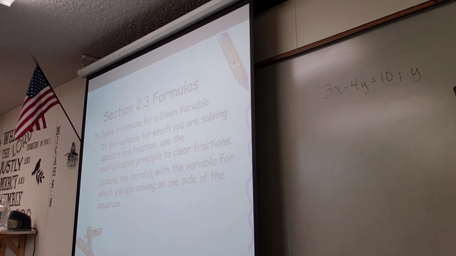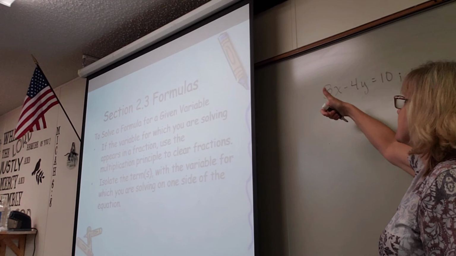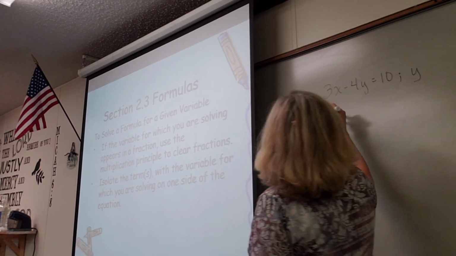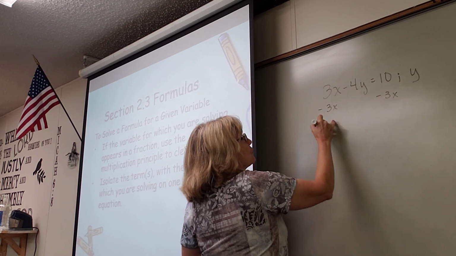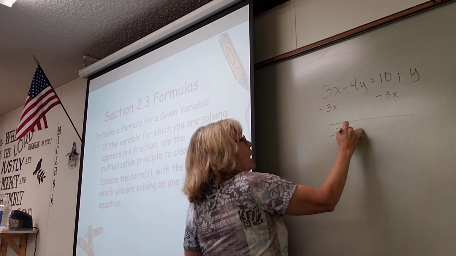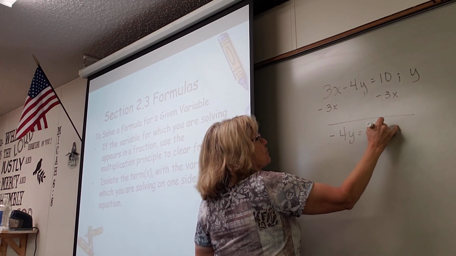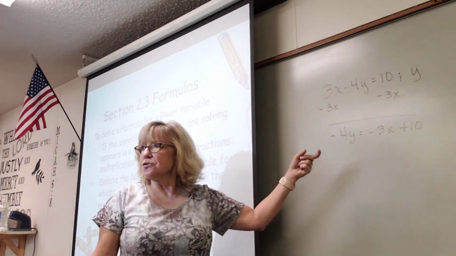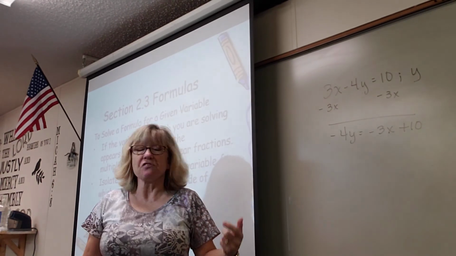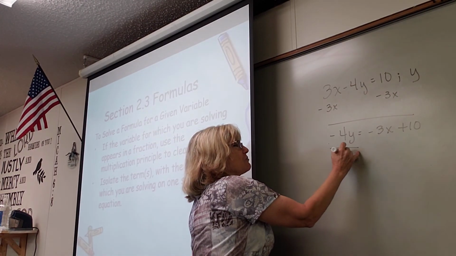Well, what do I need to do? I have to isolate the term that has the y in it, which is this one. So this term needs to go to the other side. So we're going to subtract 3x from both sides. And you'll end up with negative 4y equals negative 3x plus 10. But again, y is still not completely solved for. We're going to divide through now by negative 4.